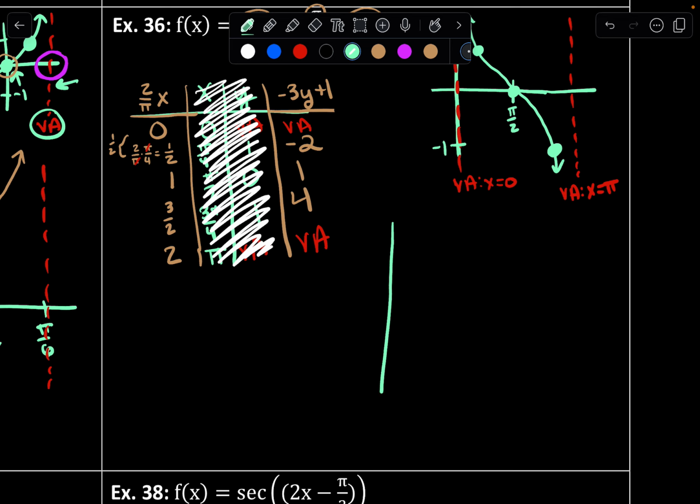So I'm going to slide more to the positive x values, or positive input values. So we have 0, we have 1/2, we have 1, 3/2, and we have 2. And then we have -2. Let me bring that down a little bit. Then we have our 1, and then 4.